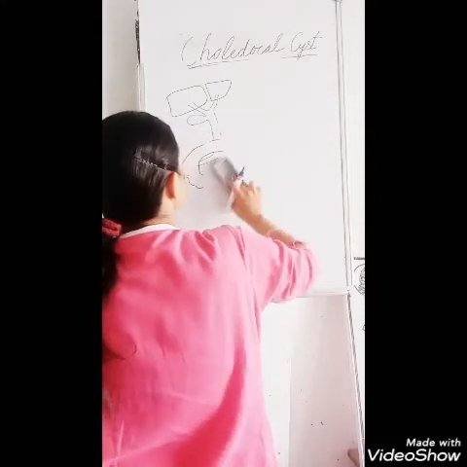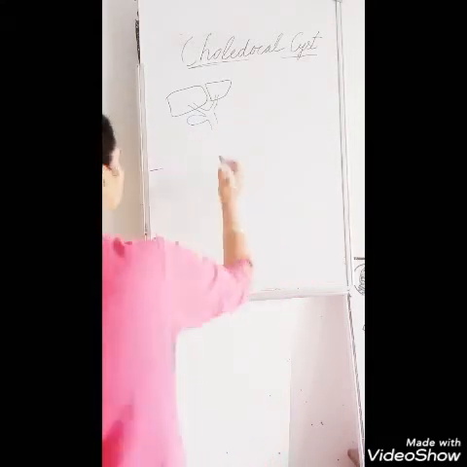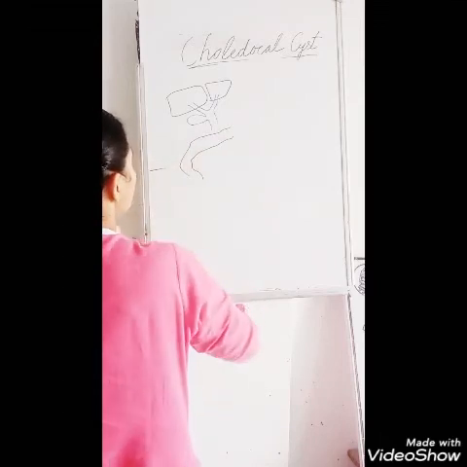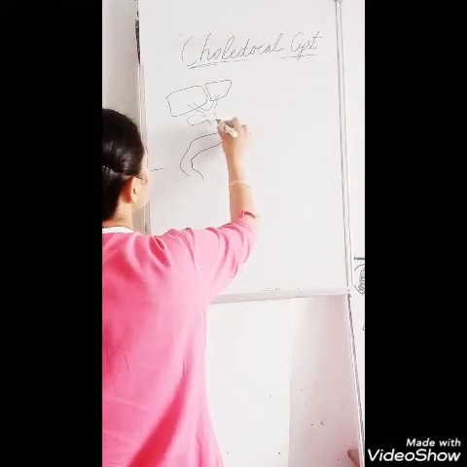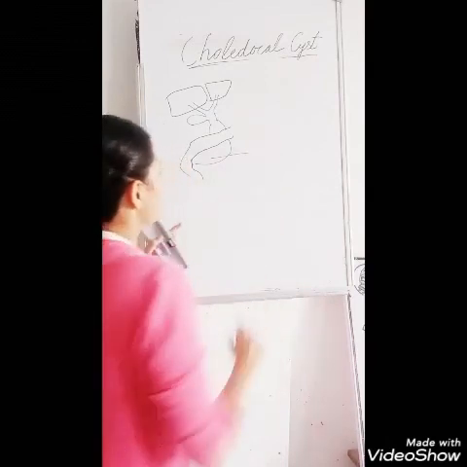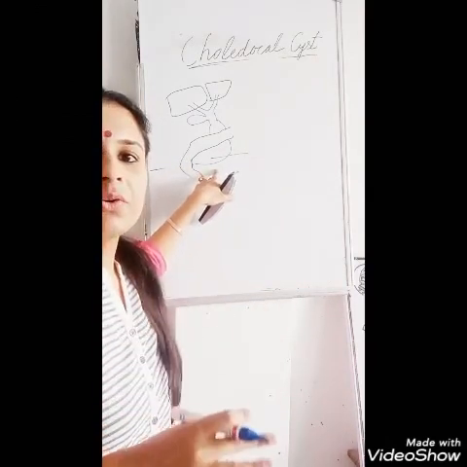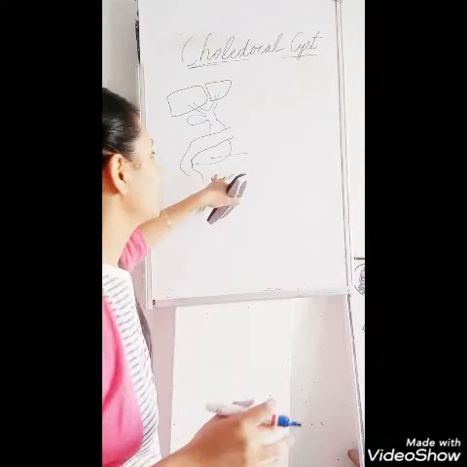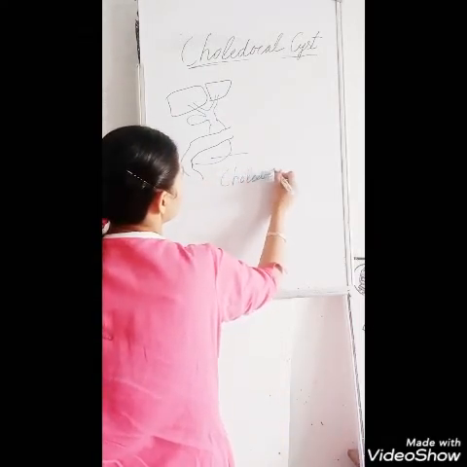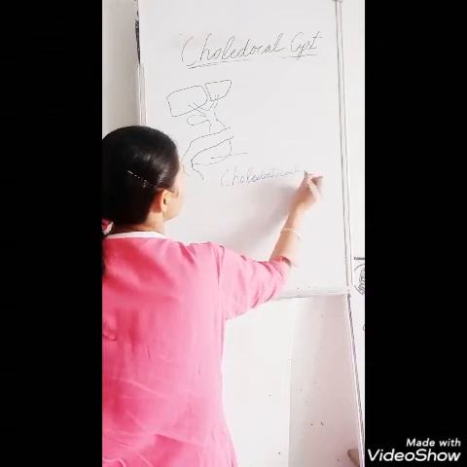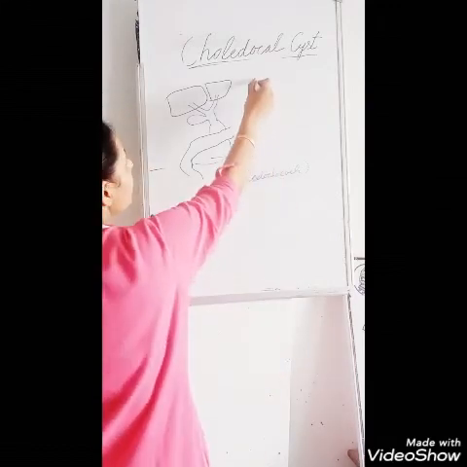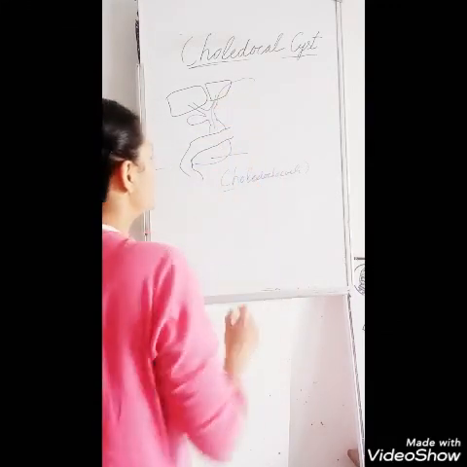In the third type, this is the duodenum, and when there is dilatation of the intraduodenal segment of the common bile duct, that is known as choledochocele. Choledochocele, the third type. So we will do what? We will enter here the endoscope and we will do the procedure.